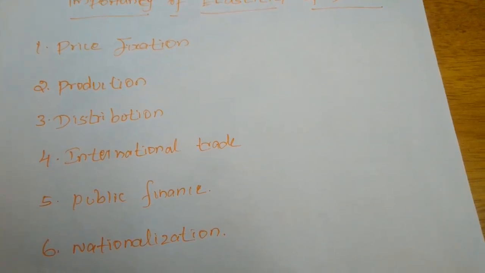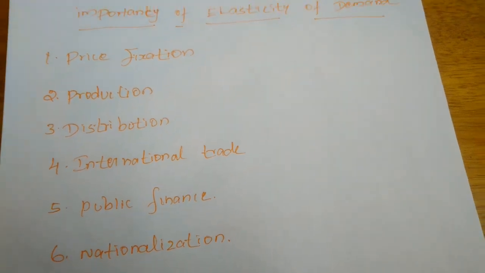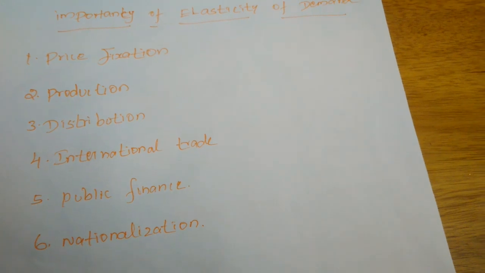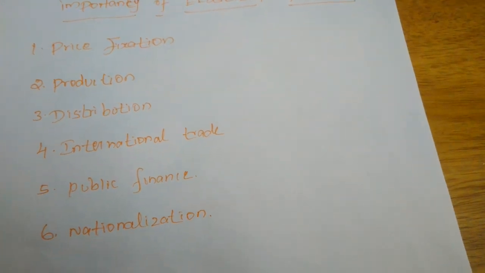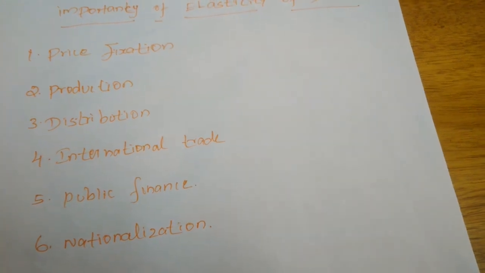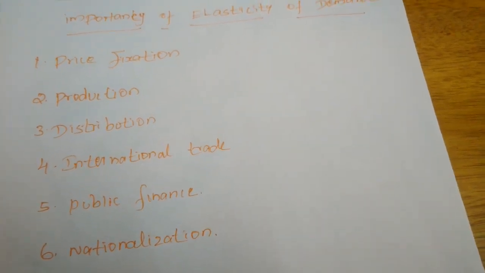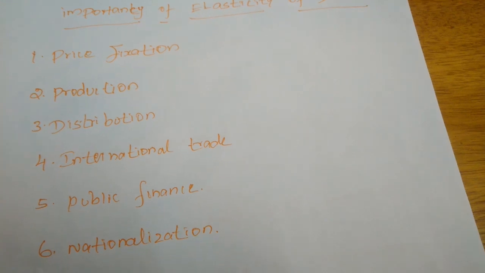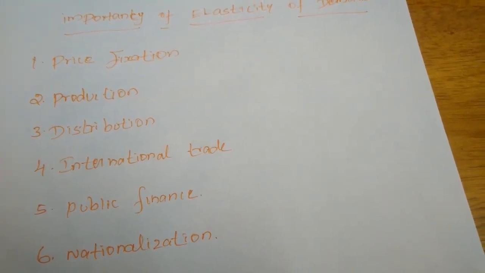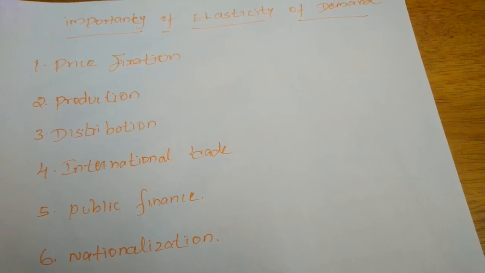For example, in the monopoly market, if there is no more elasticity of demand, he will fix a reasonable price. If the demand for that commodity is inelastic, the monopolist will fix a higher price, because in the monopoly market, he alone has the right to fix the price of his commodity.